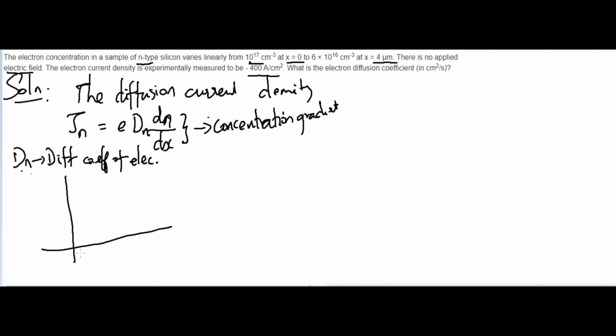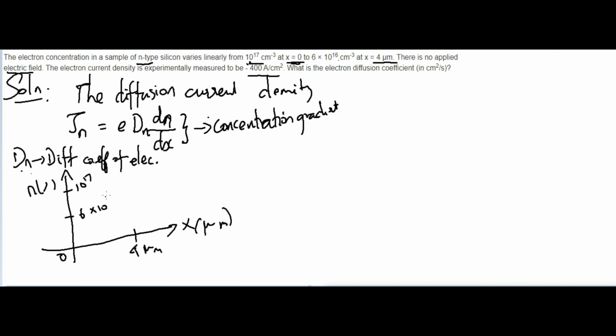Here x equals 0 to 4 μm, so you can write 4 μm on the x-axis, and here you write the concentration n of x. They have told us about 10^17, which is the higher value, so it will be placed here. The 6 x 10^16 is lower than 10^17, so we can place it approximately here.